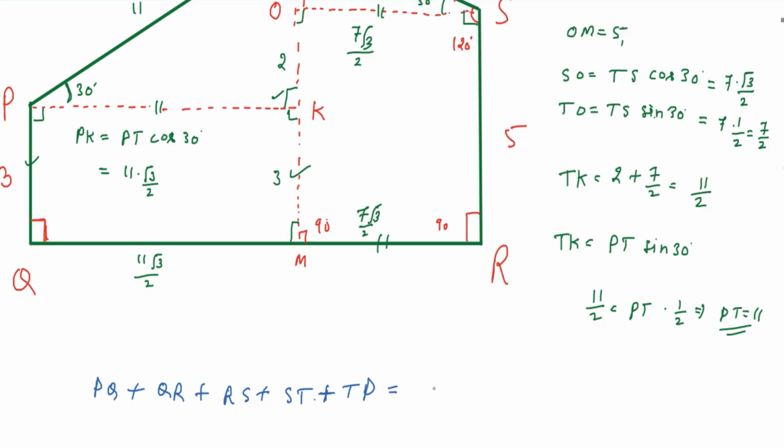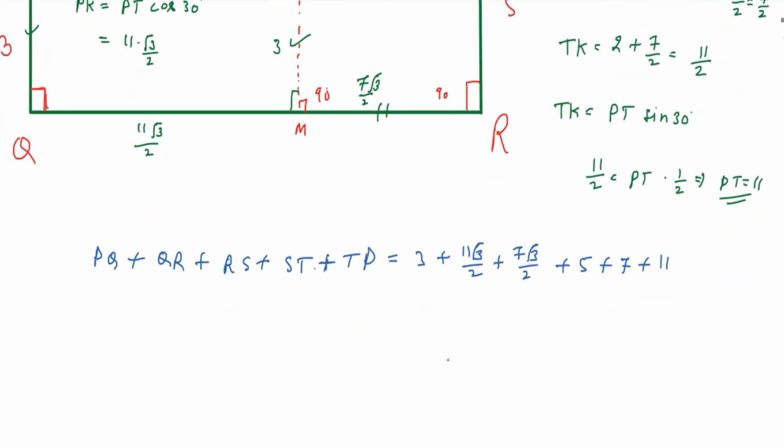If you put all the values, the perimeter of this pentagon will be PQ, that is 3 units of length, QR, that is 11 square root of 3 divided by 2 plus 7 square root of 3 divided by 2, plus RS, that is 5 units of length, and ST, that is 7, and TP, that is 11. So this is the perimeter of this particular pentagon.